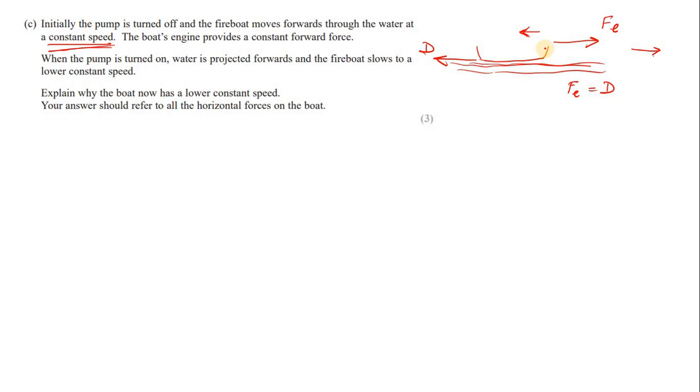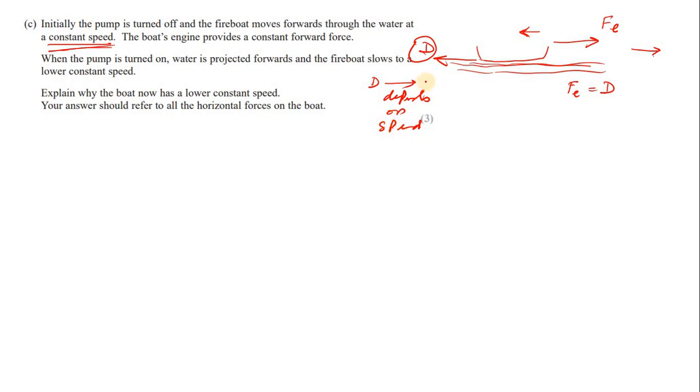Now, as soon as the speed decreases, the drag also decreases, because drag, remember, depends on speed. Okay, speed increases, drag increases. Speed decreases, drag also decreases. So drag depends on speed.